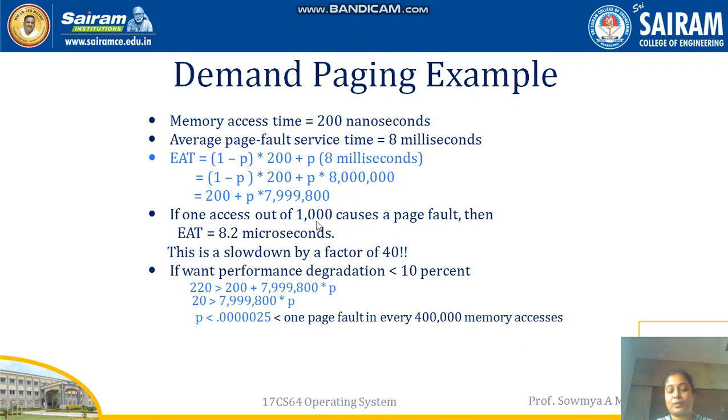Here the page fault was occurring for every 1000 accesses. Here if you decrease the degradation to 10%, for every 4 lakh instructions one page fault will occur, but earlier for every 1000 one page fault was occurring.